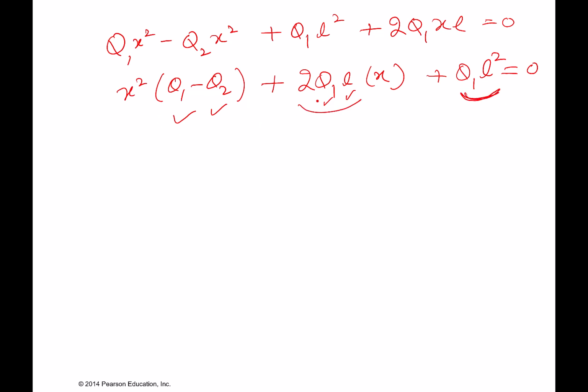This is going to be the constant term. So this may take a little bit of manipulation. Once you're done with the work, you'll get two values.